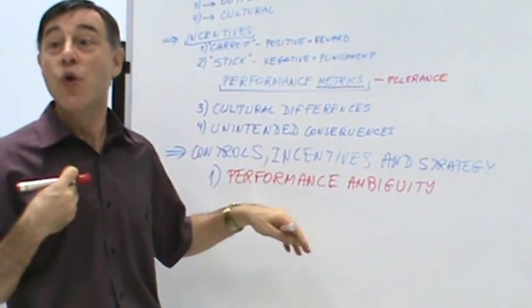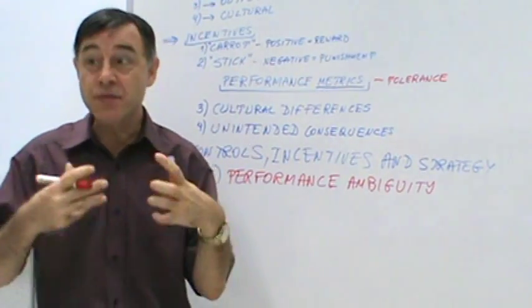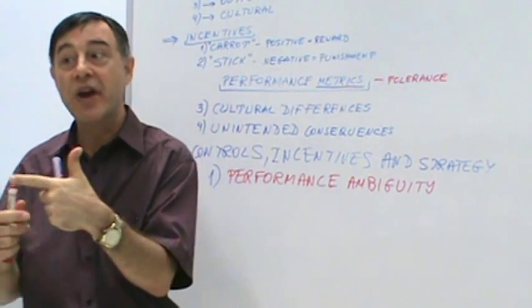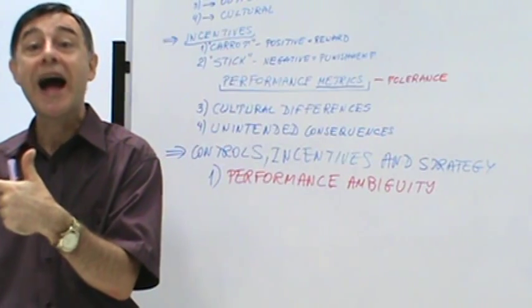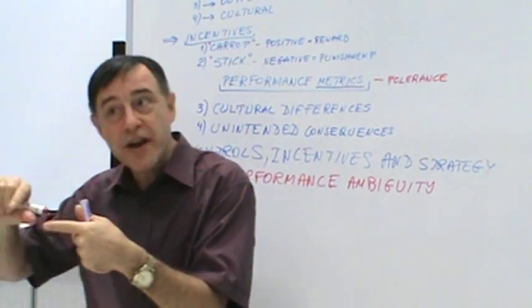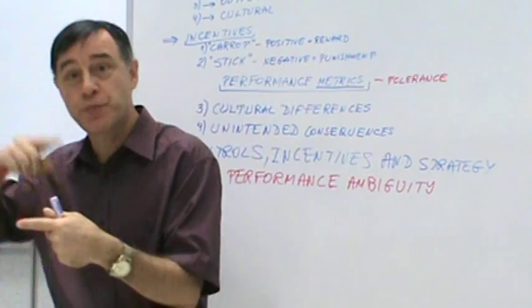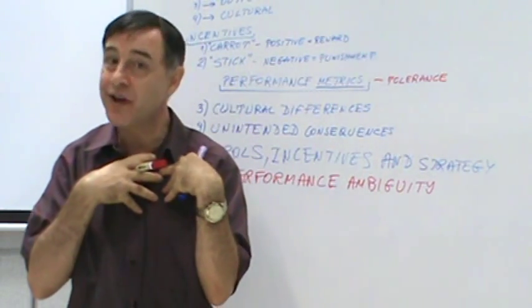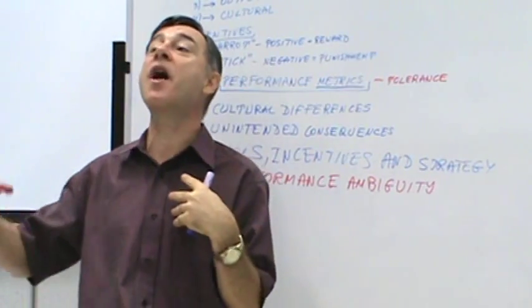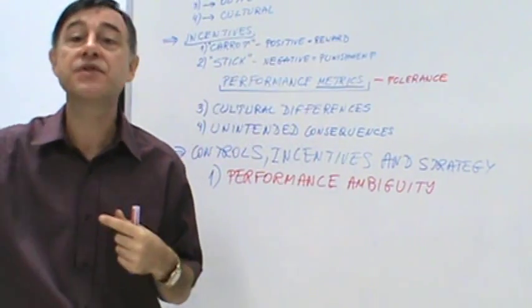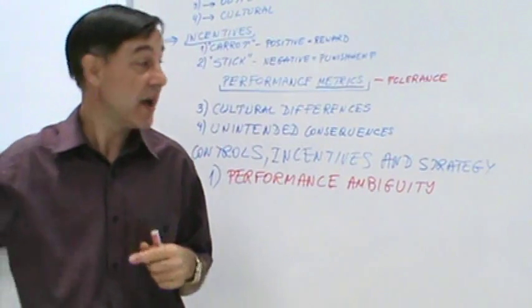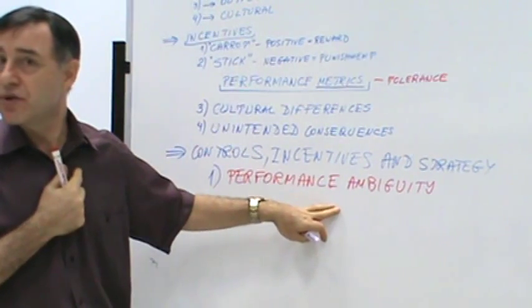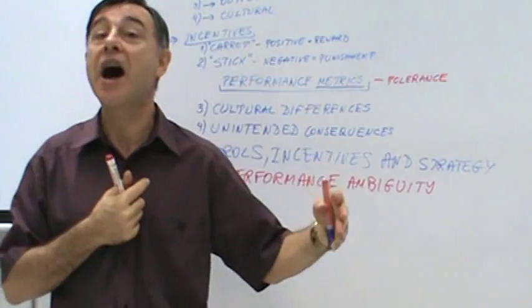In other words, when your input does not directly affect your output. A better way to say it is that your output does not depend entirely on your own input, but it depends on other people's input. Okay?